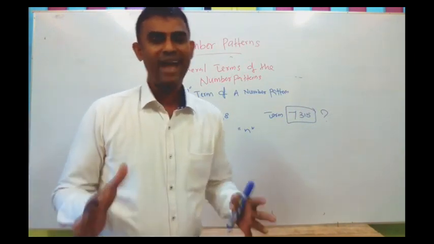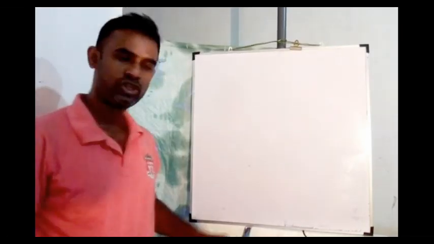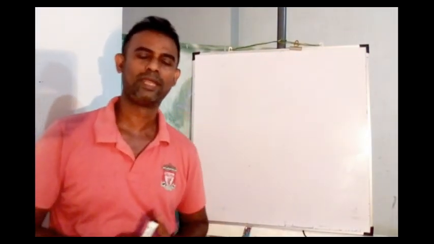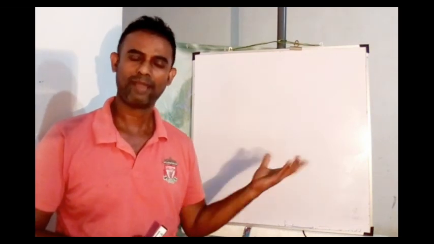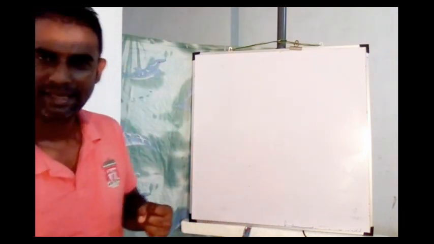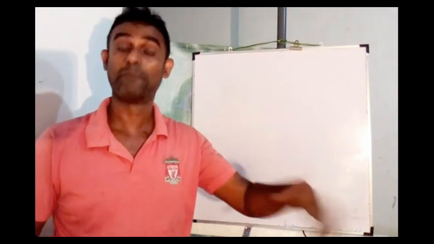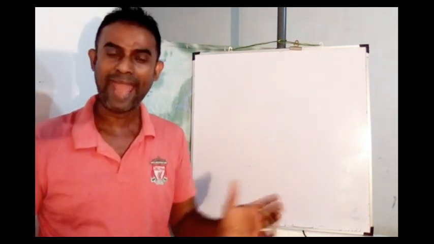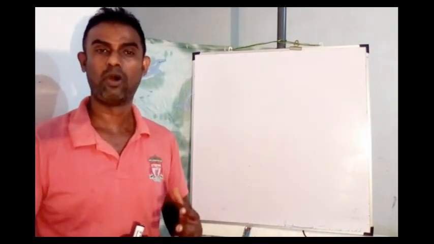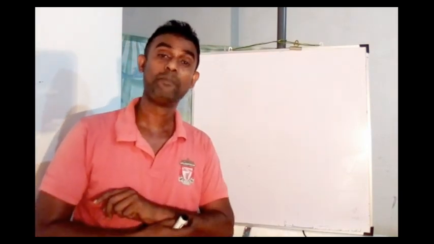To find the general terms, there are different rules. Shall we discuss some example related to the first rule in number patterns? What is the first rule? If the number pattern is starting with a specific number and it's developing by the multiples of the first term and creating in ascending order, we want to find the nth term under the first rule.